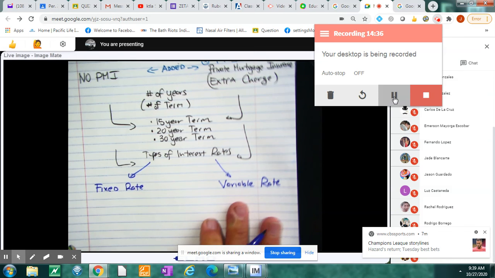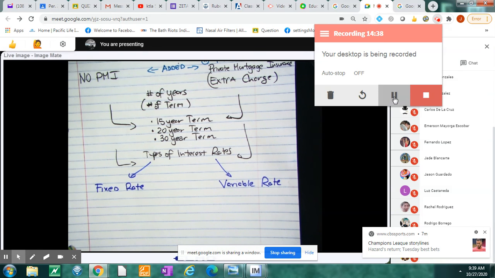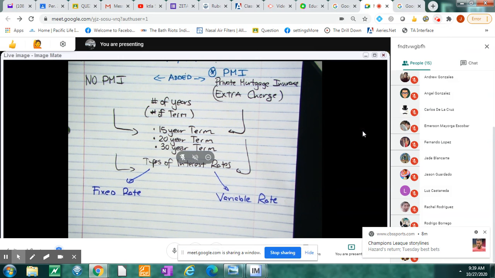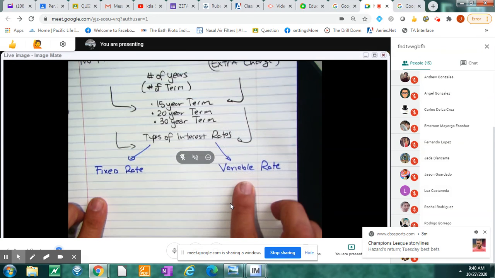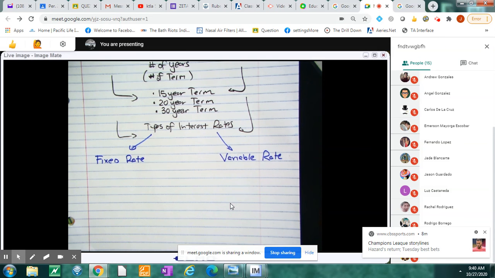Okay, so this is where we're getting into our stuff, right? So we have the fixed rate and the variable rate. So what's the difference between a fixed rate and a variable rate?